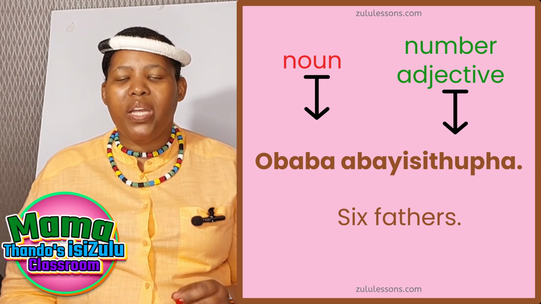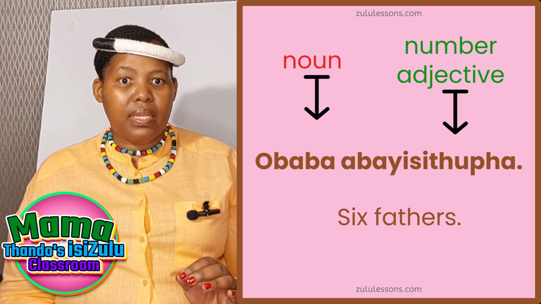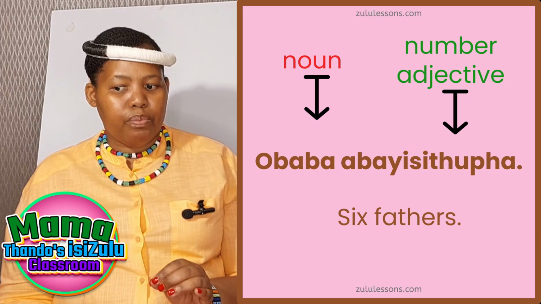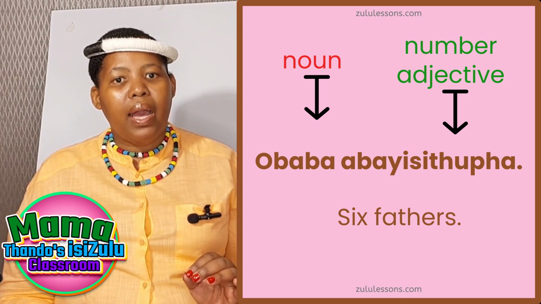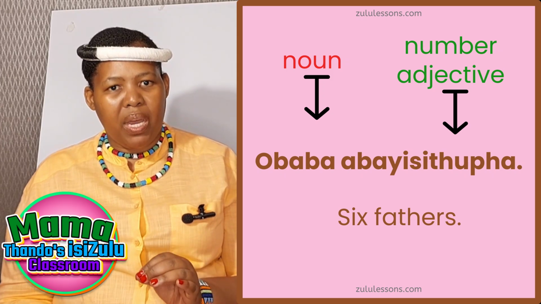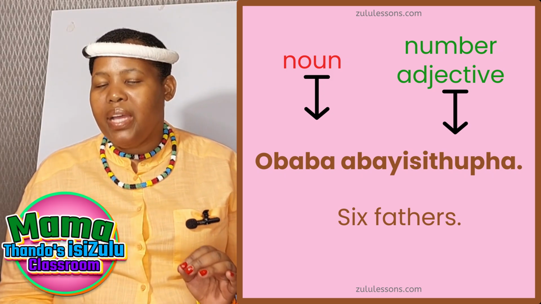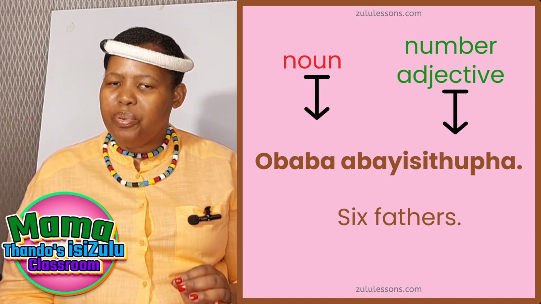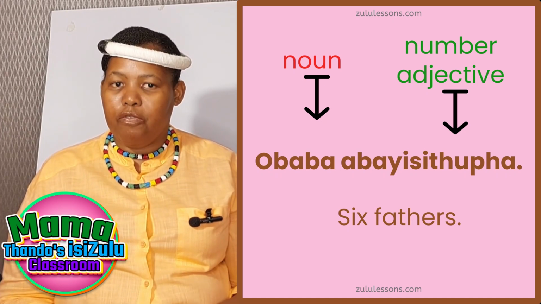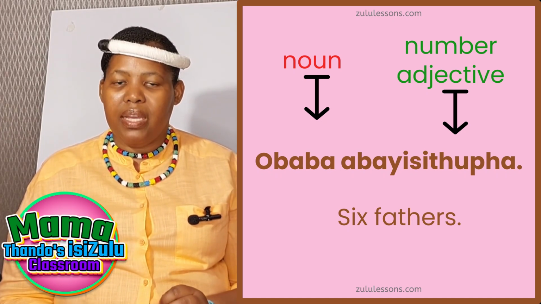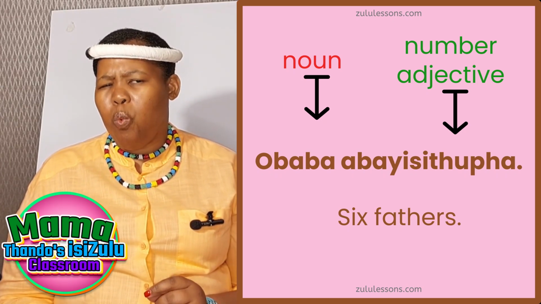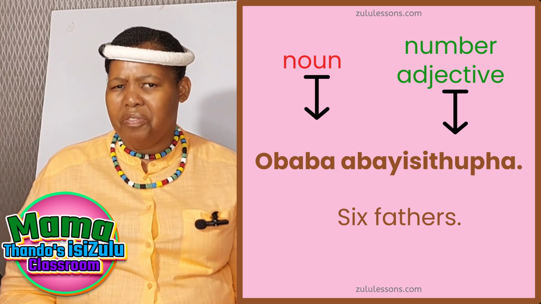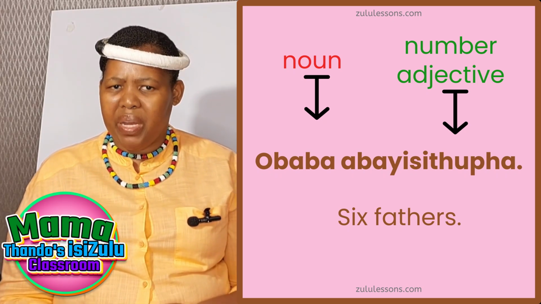And so if you want to say 6 fathers, you will see obaba abayisithupha. That aba is the prefix of the adjective that starts with the letter O. But what is that Y between the prefix and the actual number?